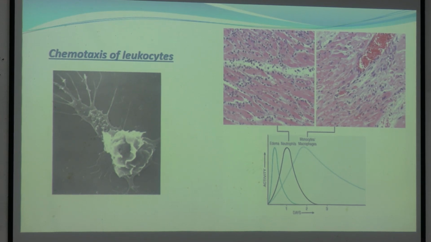I went to Delhi and landed in Delhi. First and foremost I might go to the hotel, but that's not final. I have to go to the seminar place where I'm going to deliver the lecture. The function of leukocytes is similar: they have come from the blood vessel to the interstitial tissue, but that is not enough.